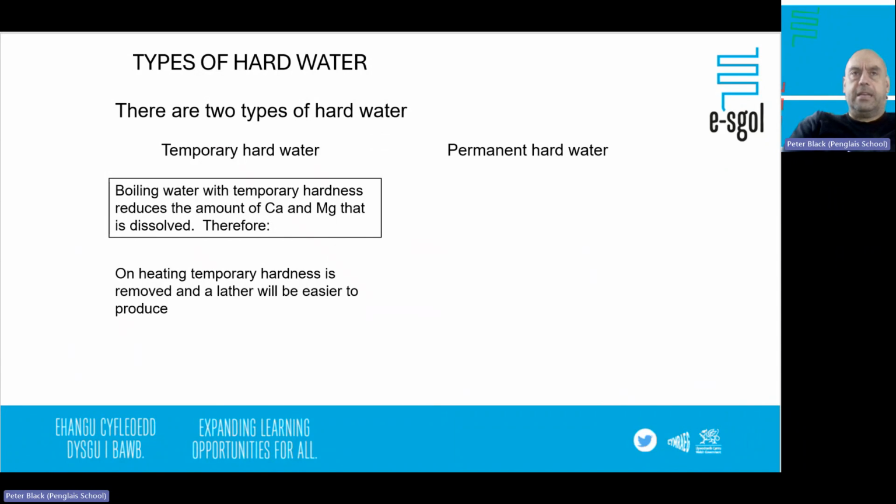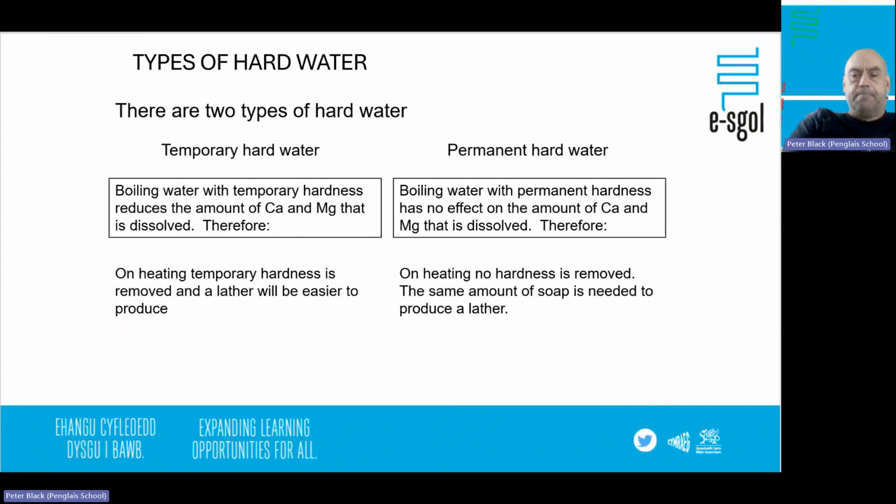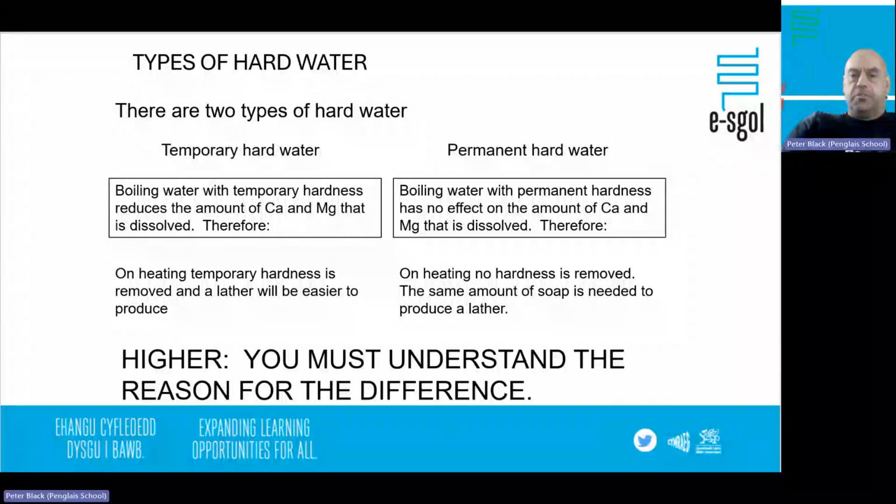So water that is temporary hard water is hard to get a lather with. Once it's boiled, it will form a lather quite easily because we remove the hardness. With permanent hard water, there's literally no effect on the hardness of the water, and therefore you're just going to need to use as much soap as you did earlier. That's also useful for us because we can use that for testing hardness, whether it's temporary or permanent, as we'll see.